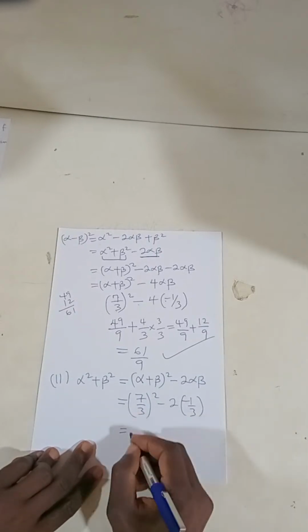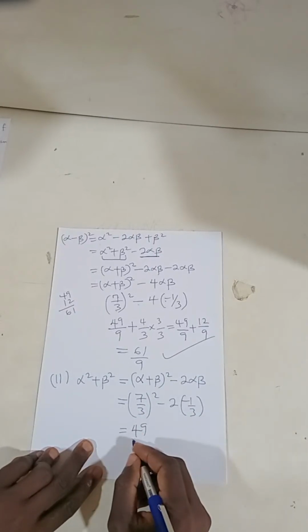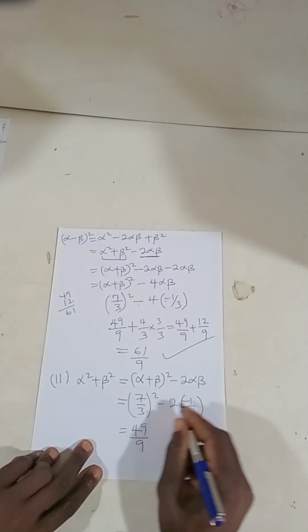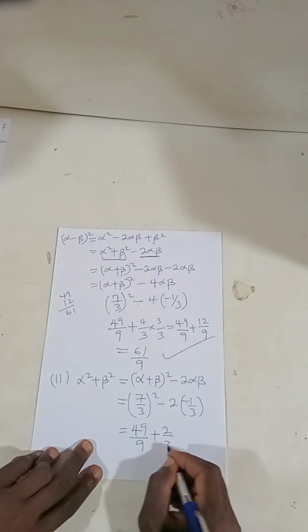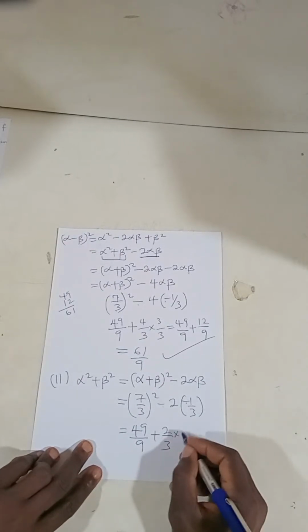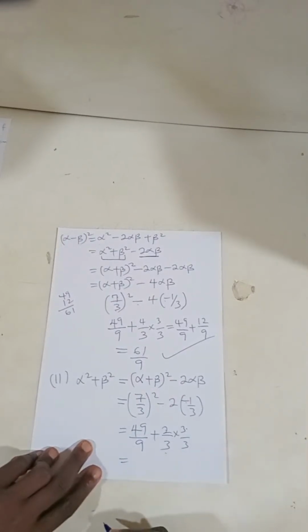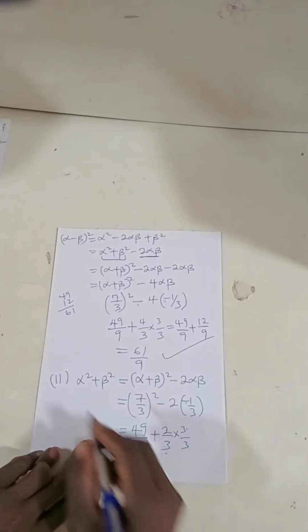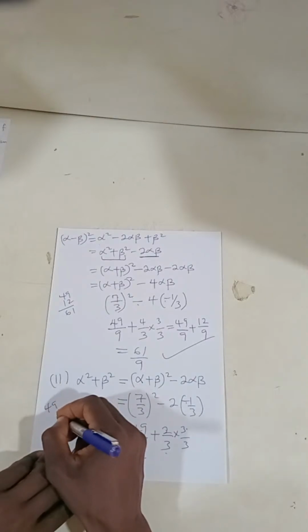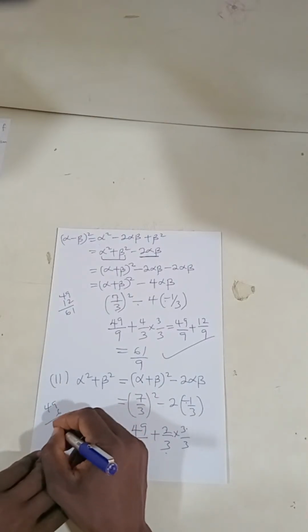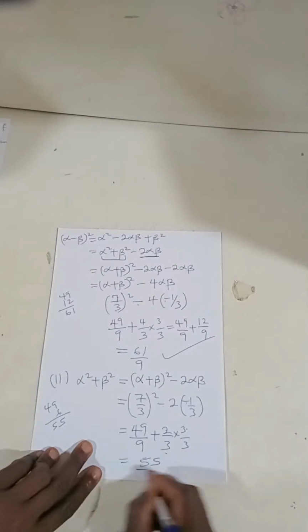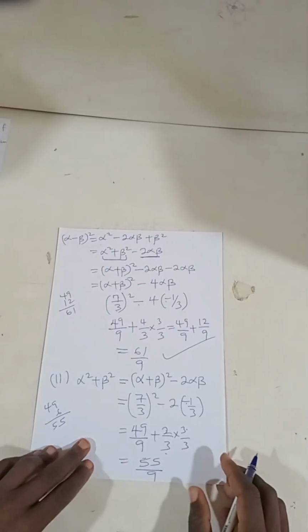So we have 49 over 9, since 7 squared is 49 and 3 squared is 9. Minus times minus is a plus 2/3. So this one times 3 gives 6 over 9. So 49 plus 6 gives us 55 over 9 for that question.